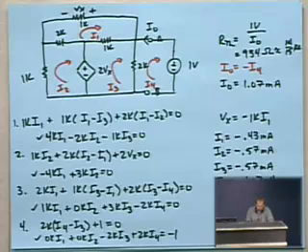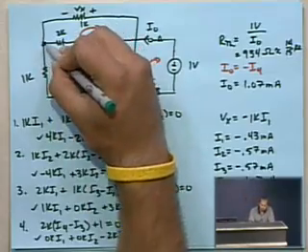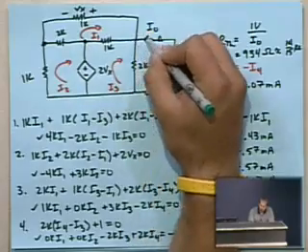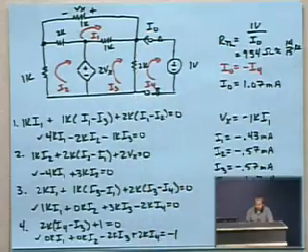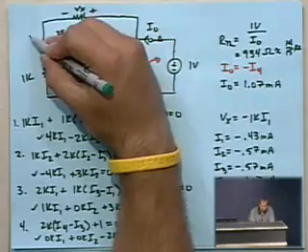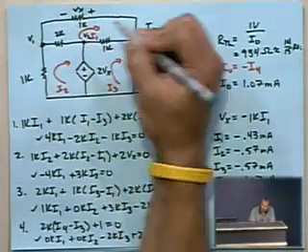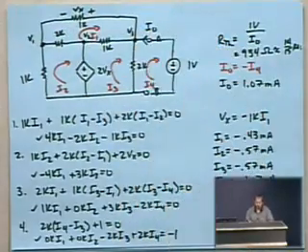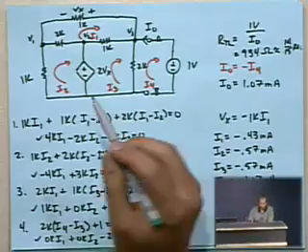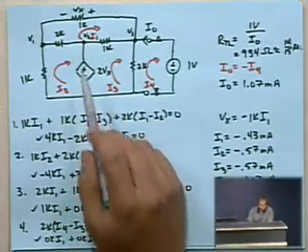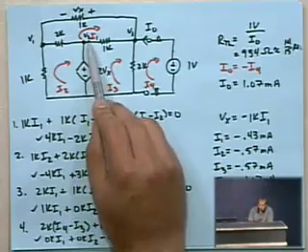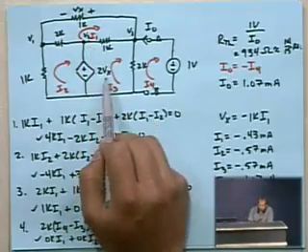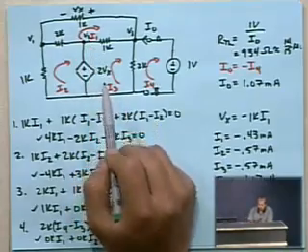Now I think what I've actually got in my notes is a nodal analysis version of this problem. It would be a little easier to do this as a nodal analysis problem, because in this case the node at V2 is constrained to the 2 Vx voltage.